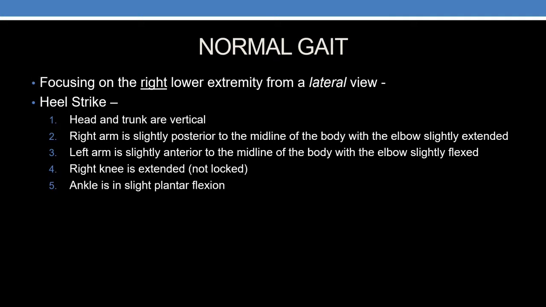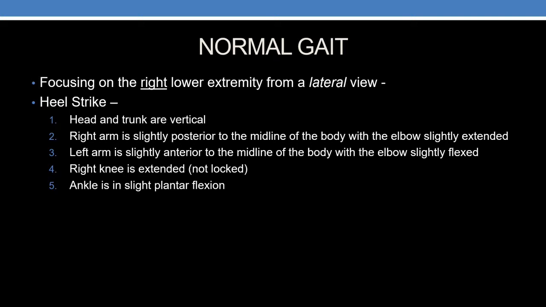Focusing all of our attention now on the heel strike phase of gait, in this example we're again talking about the right foot. The examples that we're going to go through now discuss normal phases of gait with the right foot. At heel strike, this begins with the initial contact of the heel on the ground.